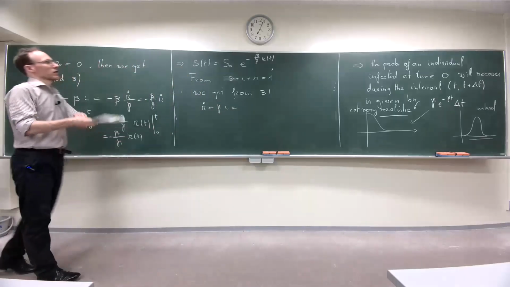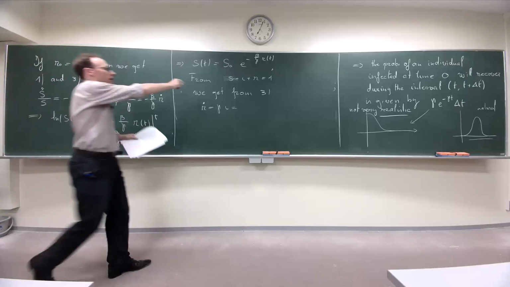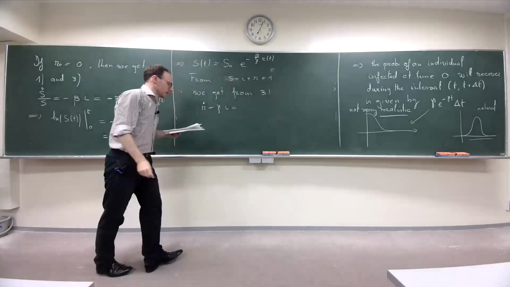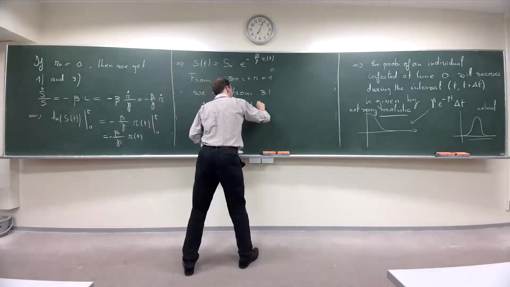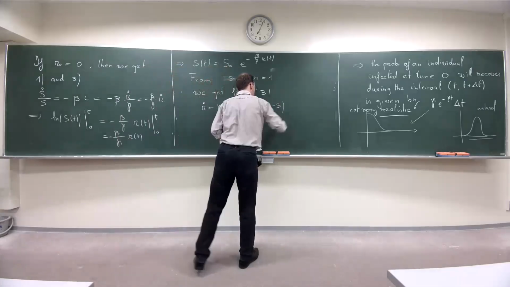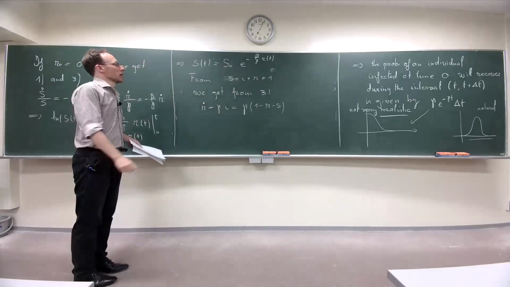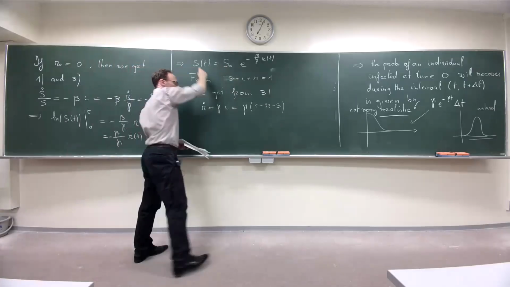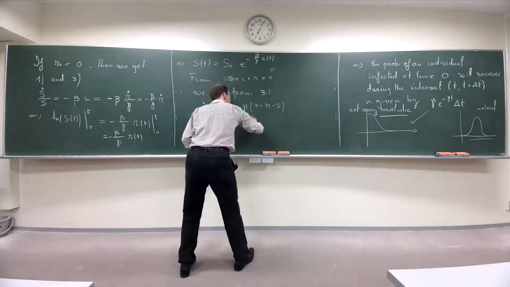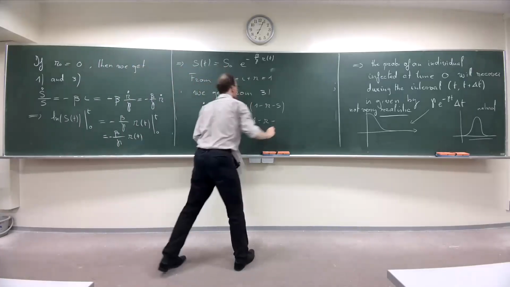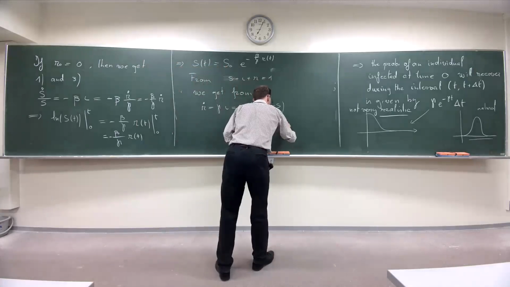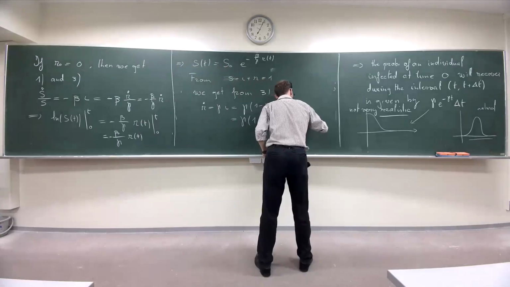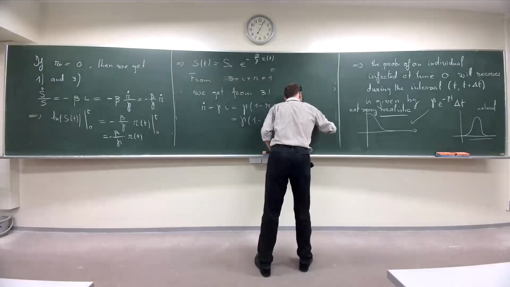I can express iota with this line. So this is gamma times 1 minus R minus S. But S is here. So this is gamma times 1 minus R minus S0 e to the minus beta over gamma R.